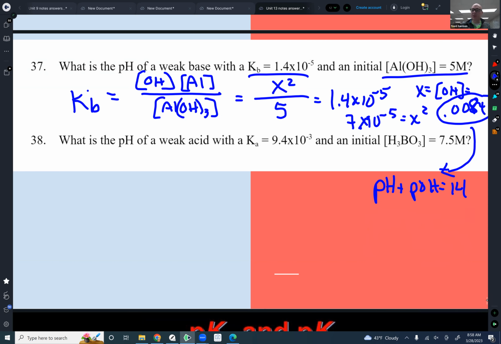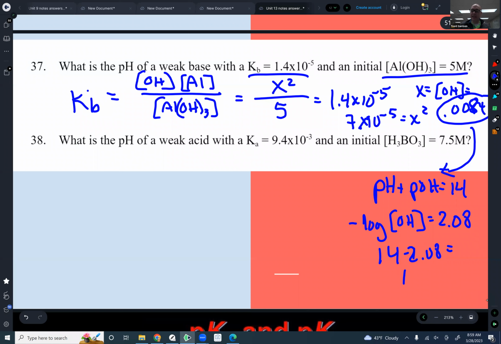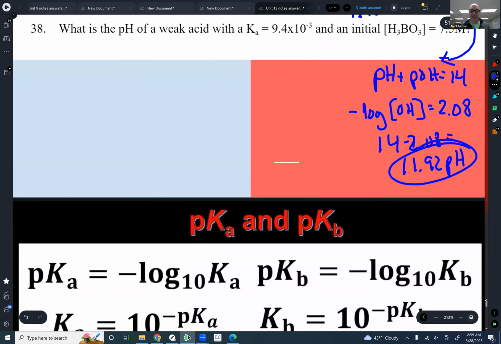So now what we've got to do is convert this into a pOH. So I've got negative log of this hydroxide ion concentration. So I've got negative log of 0.0084. This makes more sense. Is equal to 2.08. Now I subtract that from 14. And now I get 11.92 as my pH. Okay, that's a lot of work, lots of steps to get yourself to that point.